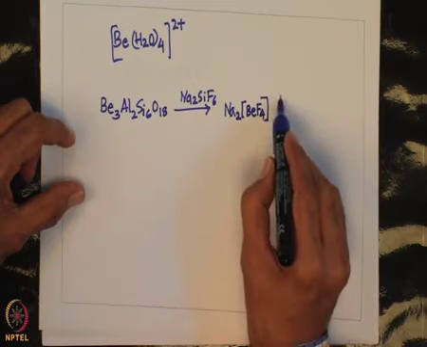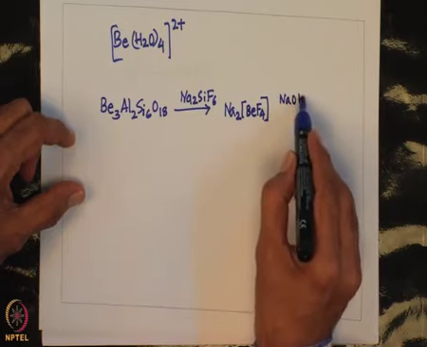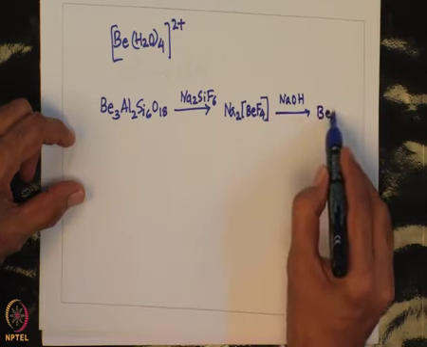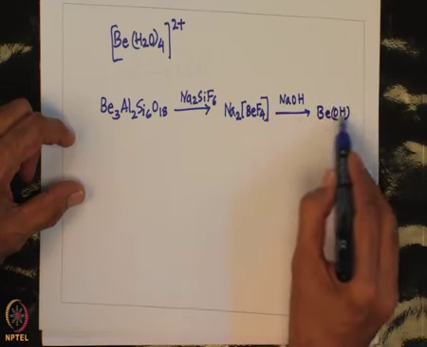This one on treatment with sodium hydroxide forms beryllium hydroxide.